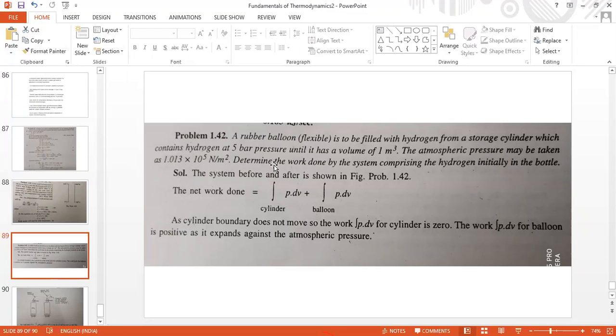Because the volume of the balloon is increasing from 0 to a certain V, against the outside atmospheric pressure the balloon is expanded, 1.013 into 10 power 5 Newton per meter square. Initially it is the same, and finally after the balloon has attained a volume of 1 meter cube, then also the atmospheric pressure is the same.